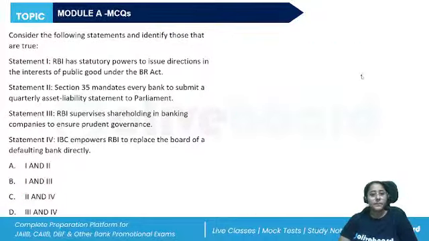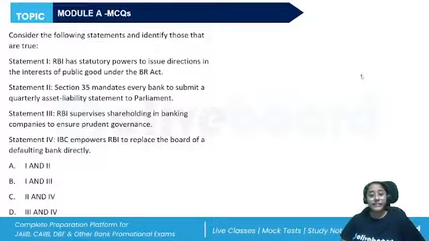Consider the following statements and identify those that are true. RBI has statutory powers to issue directions in the interests of public good under the Banking Regulation Act. Section 35 mandates every bank to submit a quarterly asset liability statement to Parliament.